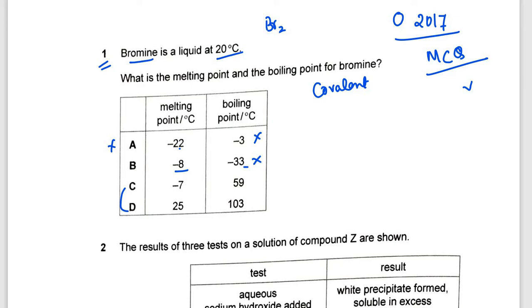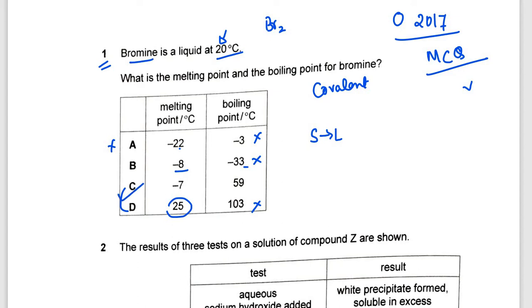Now let's see D. Okay, this is not possible. Why? Because as you can see here, melting point is 25, meaning at 25 it is converting from solid to liquid, and they are already saying that at 20 degrees it's a liquid. So basically this question is from the states of matter, where you have learned about all the states: solid, liquid, gas. So the option should be C.